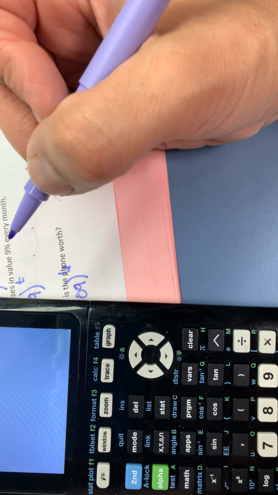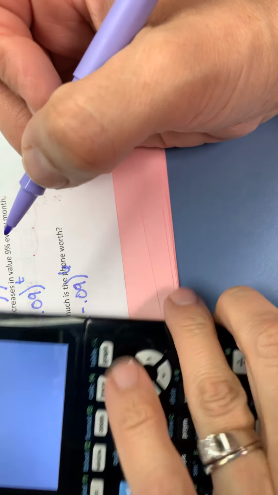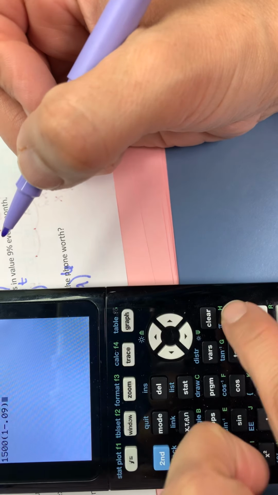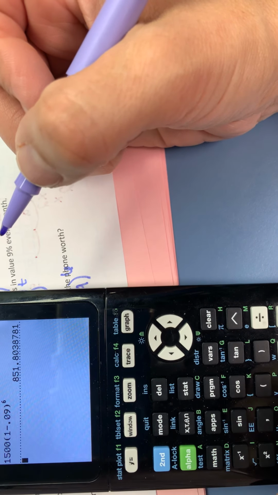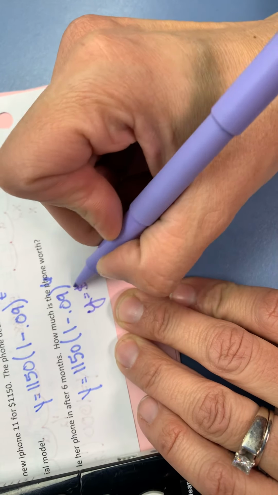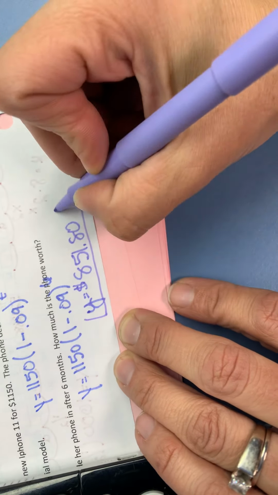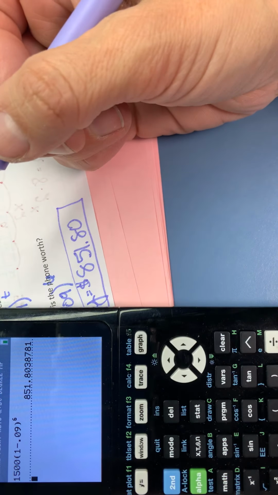So 1,150, 1 take away this 0.09, right? And then after 6 months, the phone is now worth $851.80. I'll round because it's 2 decimal places for money.